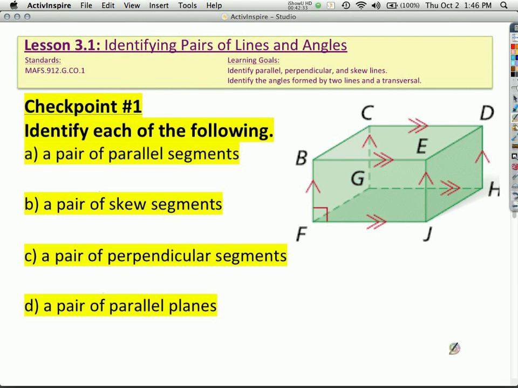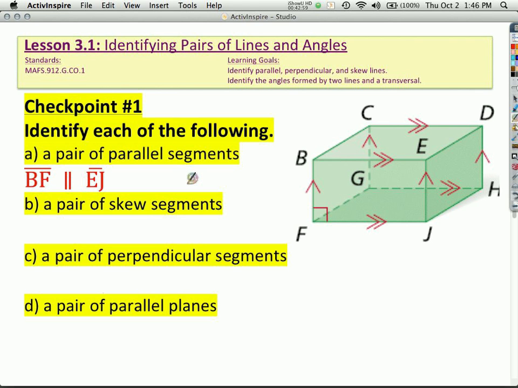Okay, number 14. Nobody? And number 16. Very good. So I had segment BF is parallel to EJ, but every single one of them that has been said is correct. Anyone have any comments or questions, or a different one that they want to share?